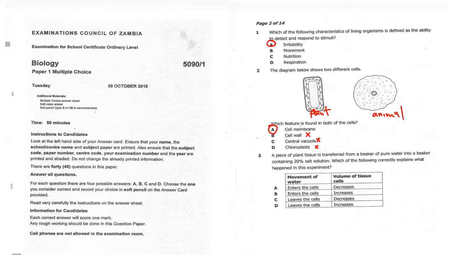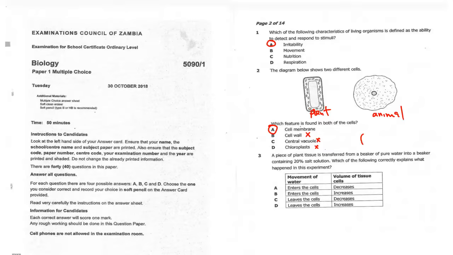A piece of plant tissue is transferred from the beaker of pure water into the beaker containing 20% of salt solution. Which of the following correctly explains what happened in the experiment? So it was taken from distilled water.